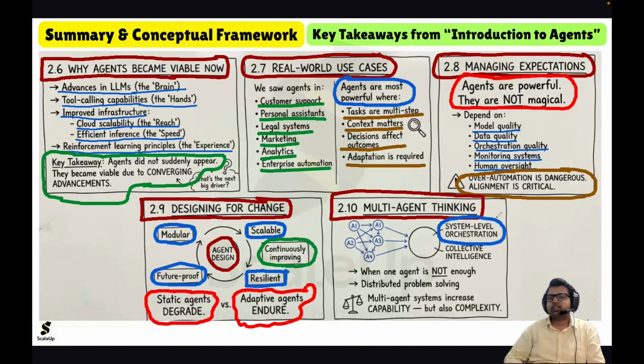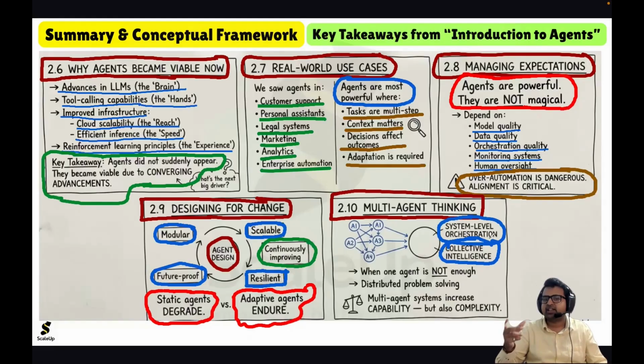System level orchestration means that we should have a dedicated agent with a bigger goal, which will decide the subtasks and assign them to other agents. We call it the system level orchestrator, wherein one or a small set of agents orchestrate the system.